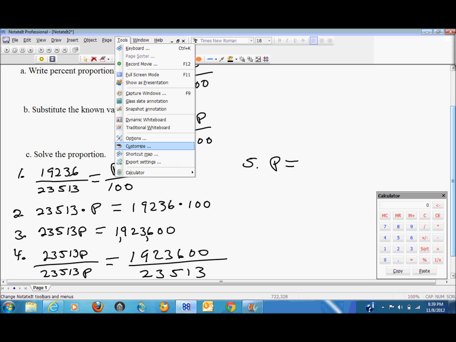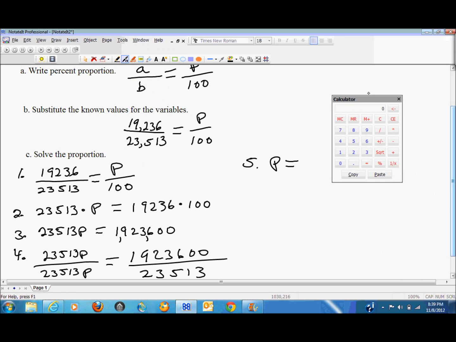So what we'll do now is we'll take a look at putting this on the calculator. Very huge number. So we're going to take 1,923,600, and that's going to be divided by 23,513, and let's see what we get.